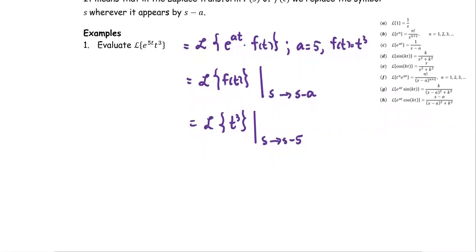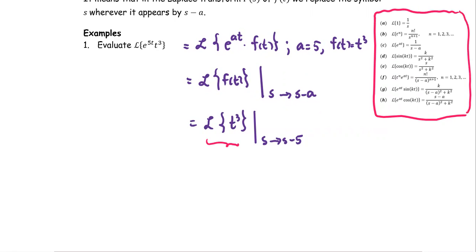Then we work on the Laplace of t to the power 3 from the theorem in 7.1. I put on the side here the list of theorems or formulas that we can apply to different forms of functions. For the Laplace of the polynomial t to the power n, in this case n is 3, we use the formula n factorial divided by s to the power n plus 1.